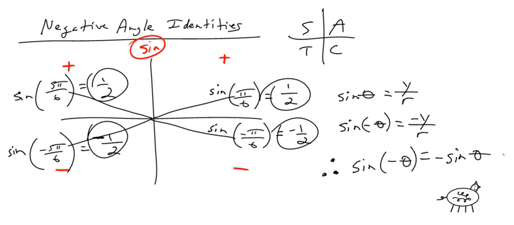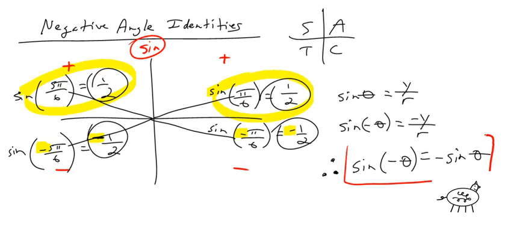That's kind of what that says, because we can take any example here, and if you have a negative angle, the answer is negative of the positive value. So this belongs in a red box. That's sine of negative theta is equal to negative sine of theta.